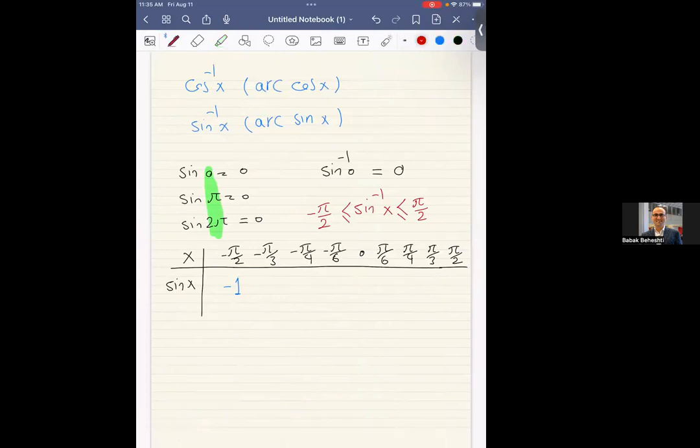And minus pi over 3, minus pi over 4, minus pi over 6 are all located in the fourth quadrant, so the sine is negative. The values are negative root 3 over 2, negative root 2 over 2, negative half, 0, half, root 2 over 2, root 3 over 2, 1.